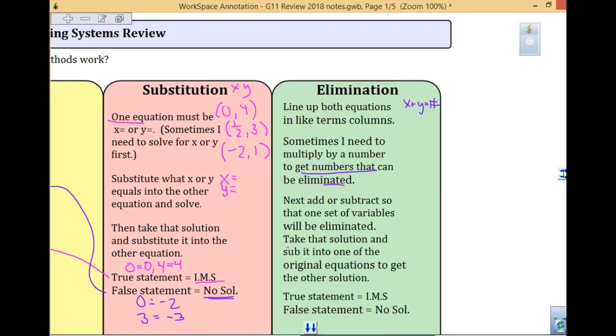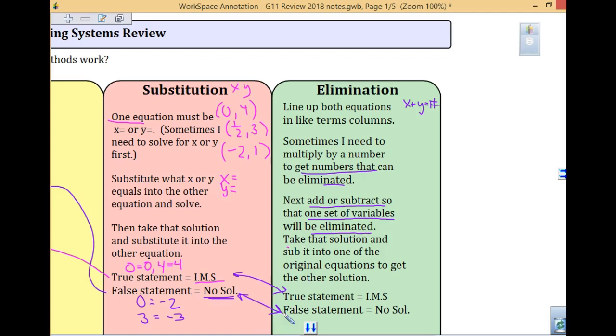The key thing with that elimination is that you are going to add or subtract so that one variable is eliminated. That is our key thing with elimination. Then you still have to substitute into the original equation to get the other one. And again, your true statement's exactly the same. True statements is infinitely many. False statement is going to be no solution when you are looking at those.